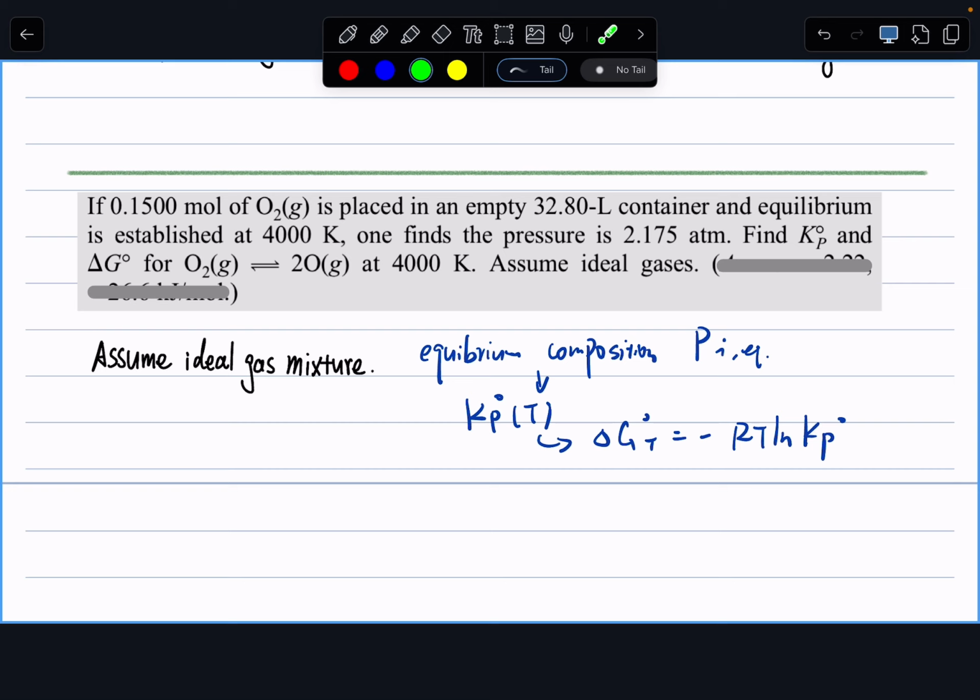And we can solve for that, and also the partial pressure of elemental oxygen, which is the same setup. And that's just 2 xi over 0.2172 times P equilibrium.